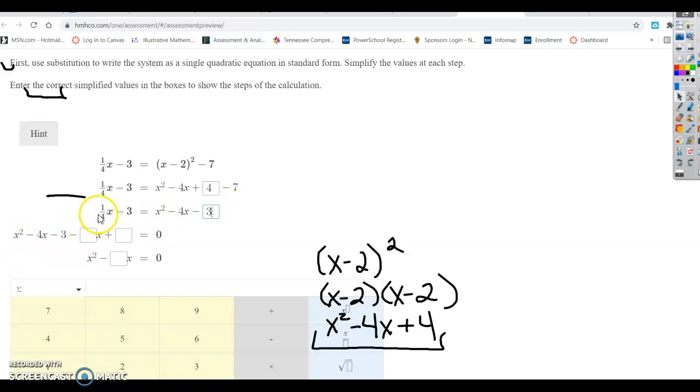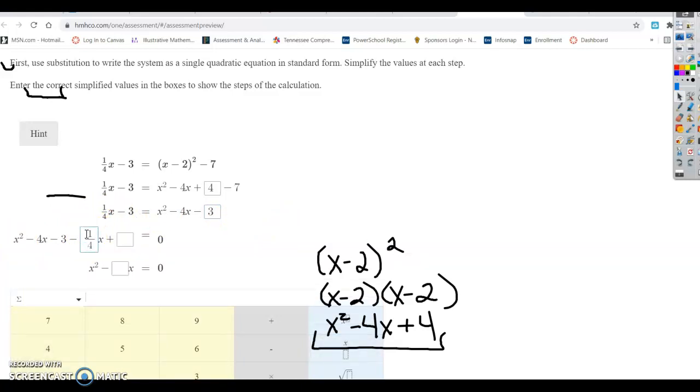So that means we have to subtract 1/4 x to the other side. And that means we had to add 3 to the other side. And then here we're just combining. So x squared comes down. We've got negative 4x and minus 1/4 x.